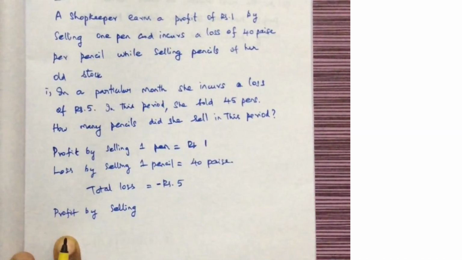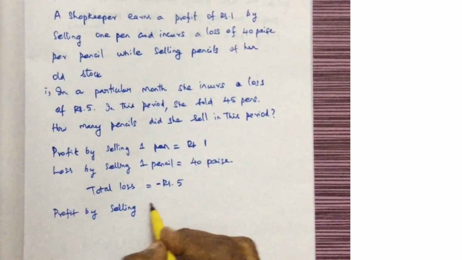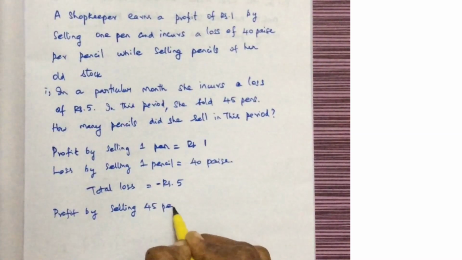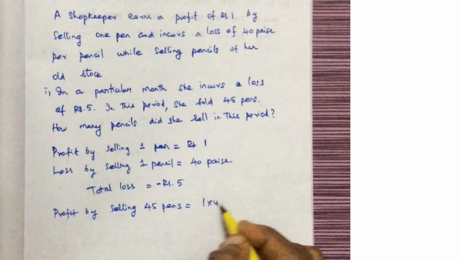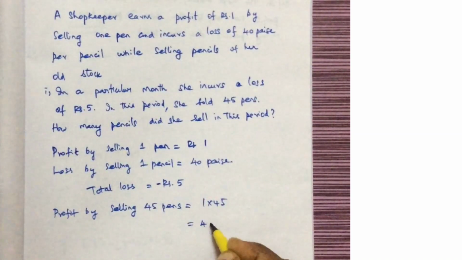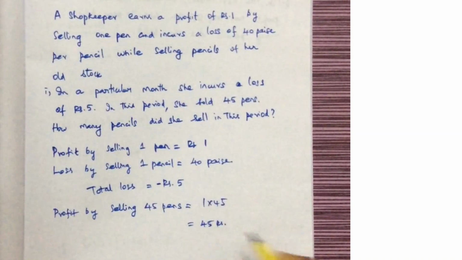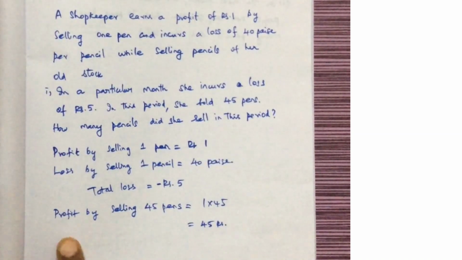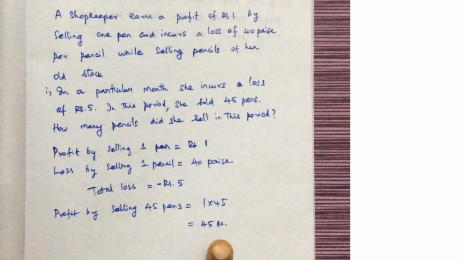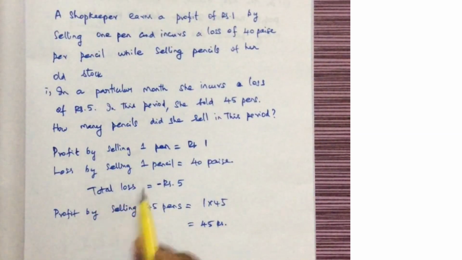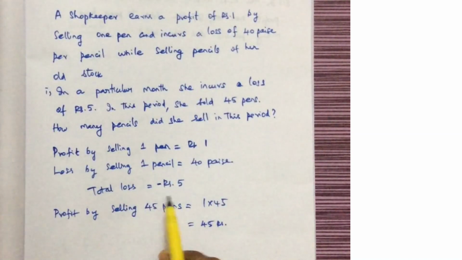What is the profit by selling 45 pens? For selling one it is 1 rupee profit. 1 multiplied by 45 equals 45 rupees. So the profit by selling 45 pens is 45 rupees. But there is a loss. In total there is a loss of rupees 5.